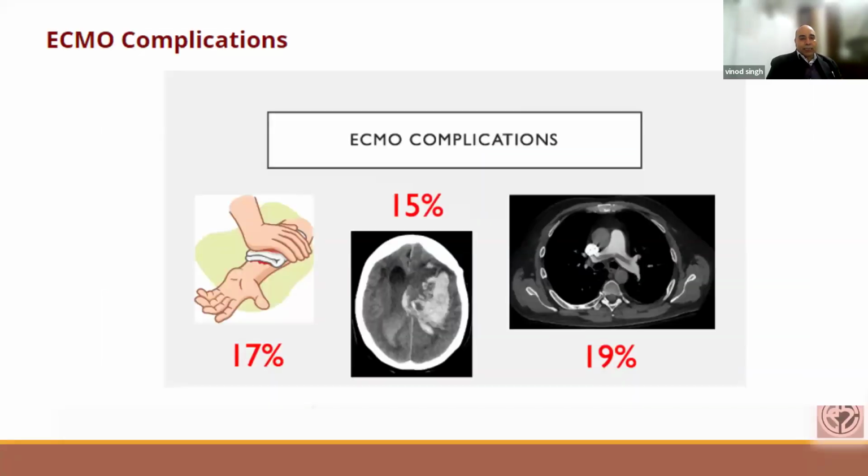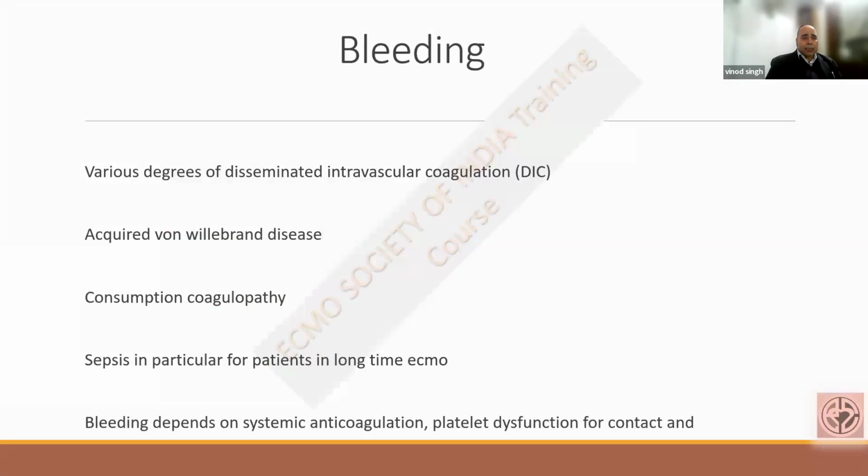Now, the other complications have already been discussed in detail by Dr. Pabani sir. You can have bleeding 17%, intracerebral hemorrhage, and you can have thrombosis also. Various degrees of disseminated intravascular coagulation occur in ECMO patients. These patients are on heparin.